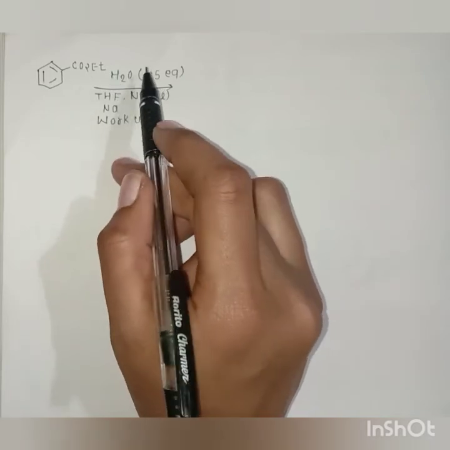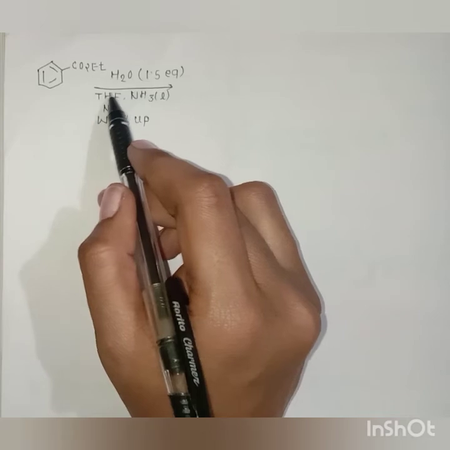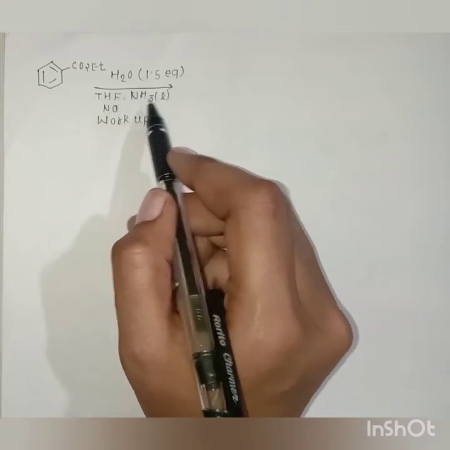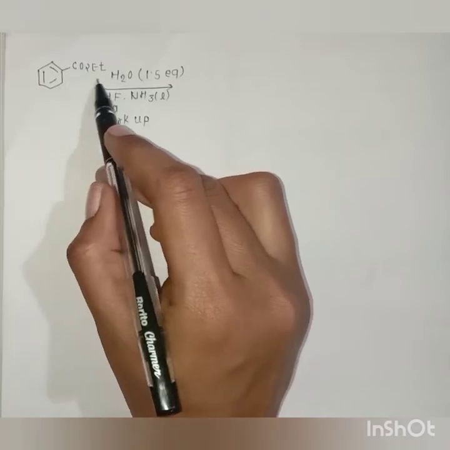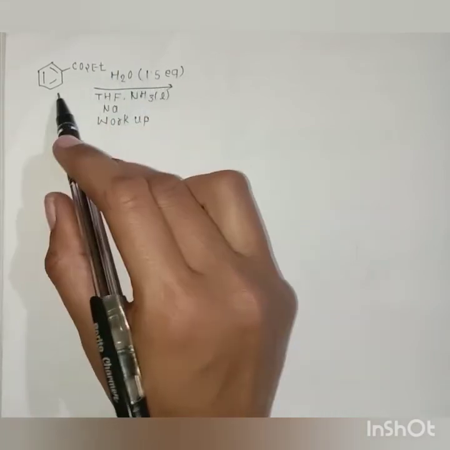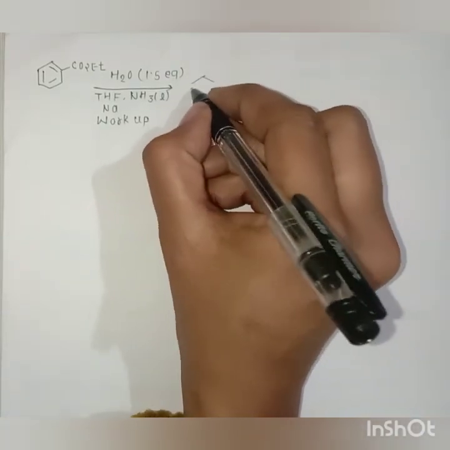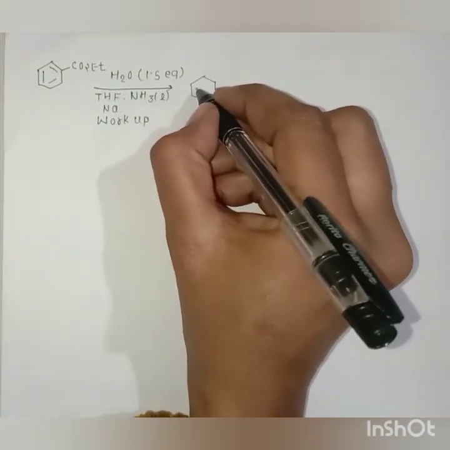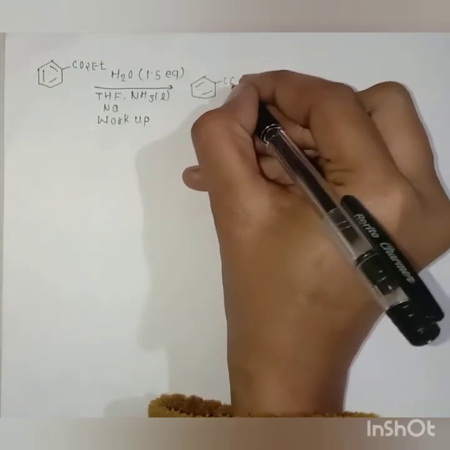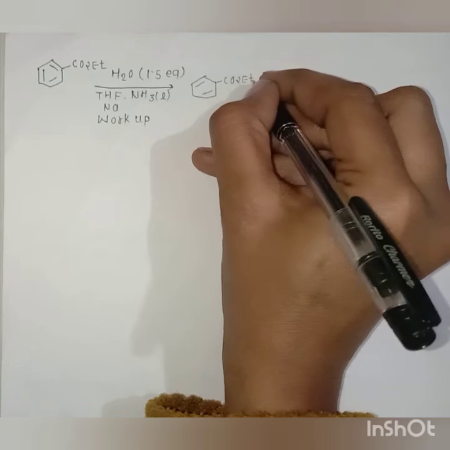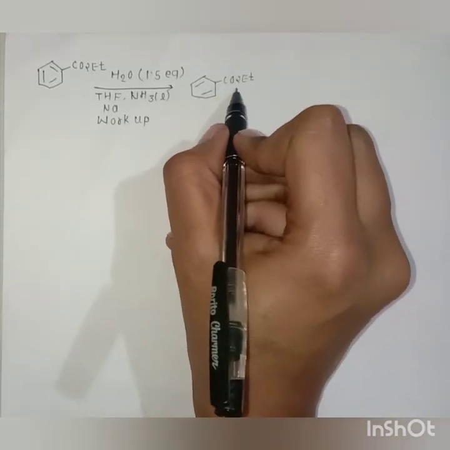But what happens when we take this condition, water 1.5 equivalents, THF and ammonia, this ester moiety remains, and we get the product where the Birch reduction goes in accordance with this electron withdrawing group.